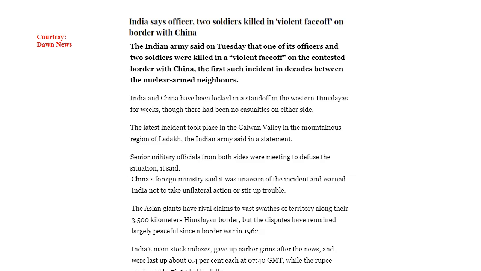Let's have a look at this story in order to understand what we mean by it. This story is taken from the daily Dawn News, and if we read it, we can see that it is written in a specific format, in a specific style. The first 1.5 lines are bold, then the very first paragraph is again bold, and then we can see the other paragraphs.